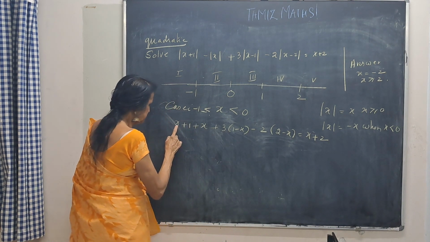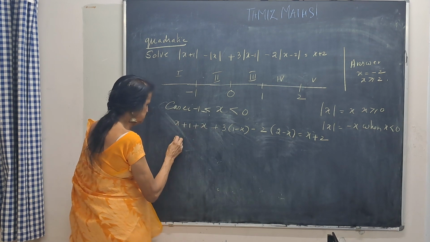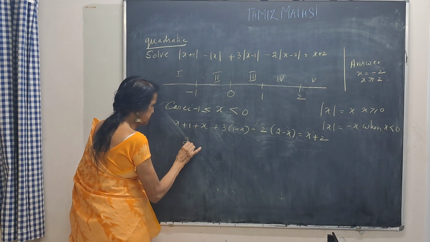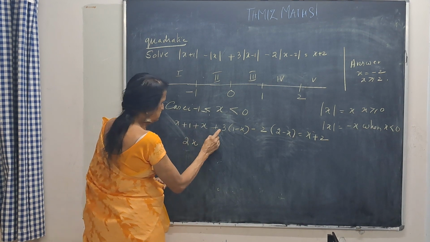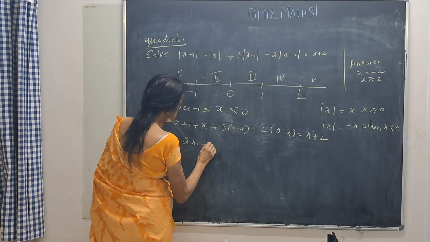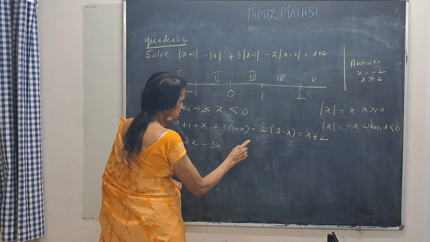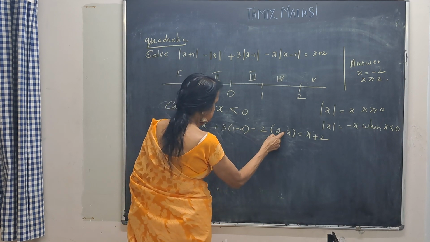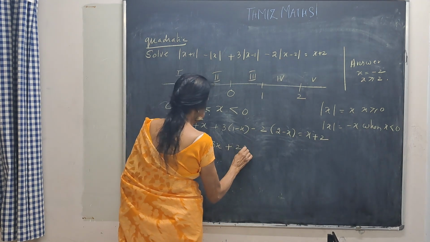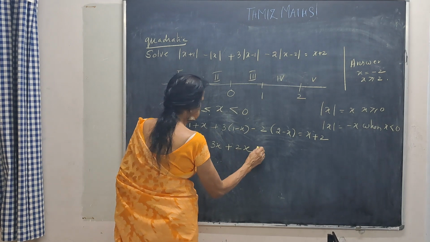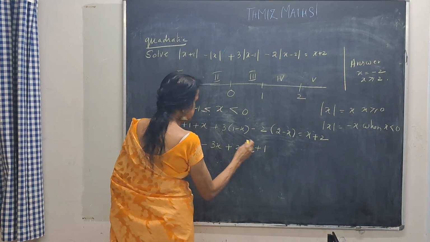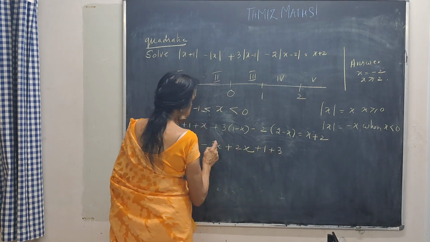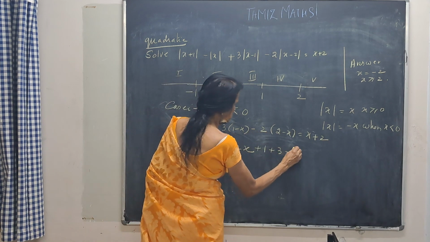This is x. First I will gather all the x. X plus x, 2x, and then minus 3x, and then minus and minus plus 2x. This is plus 1, this is plus 3, and this is minus 4.